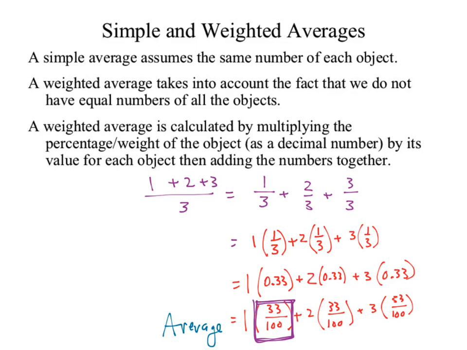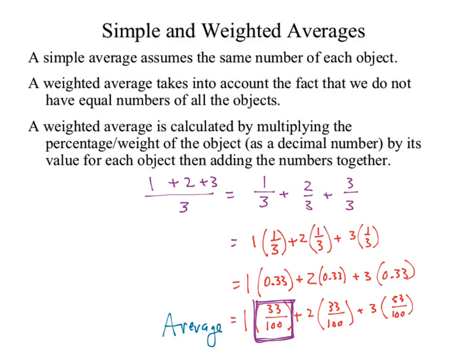That's how we calculate an average. What you're used to seeing is this one up here, because if they're all equal, it's already factored in. I don't have to worry about it. But if they aren't all equal, I have to have the flexibility to change those percentages.